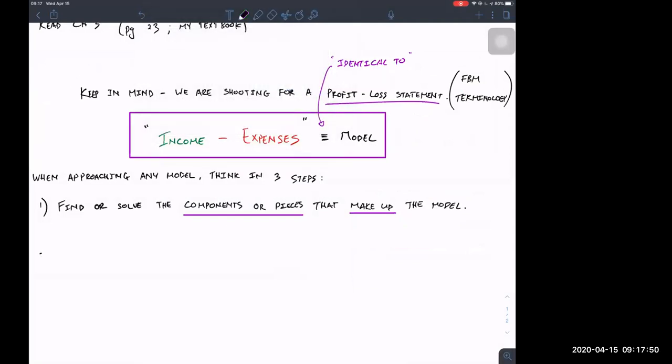Okay, here's the second step. Second step is that once you find all the pieces, you use those components to build or construct the model.